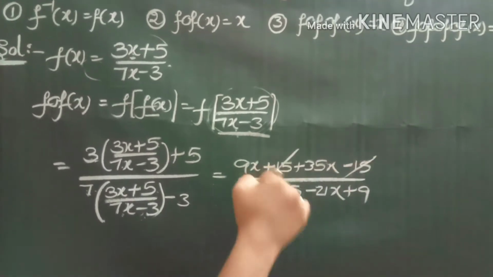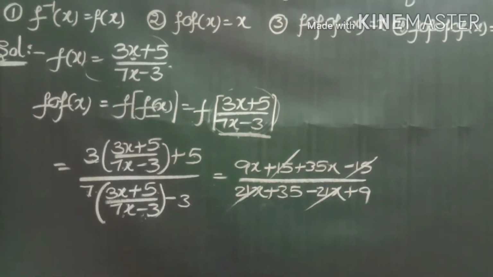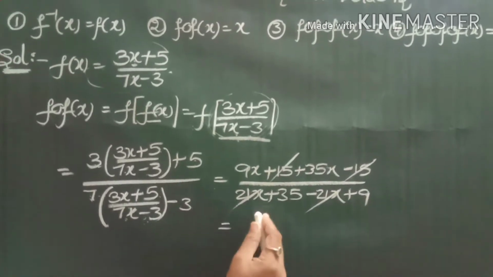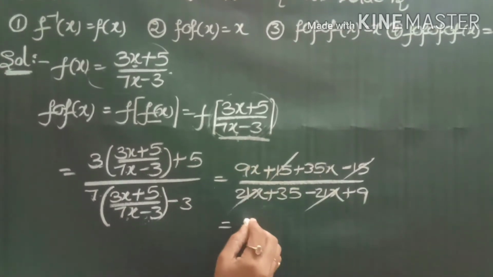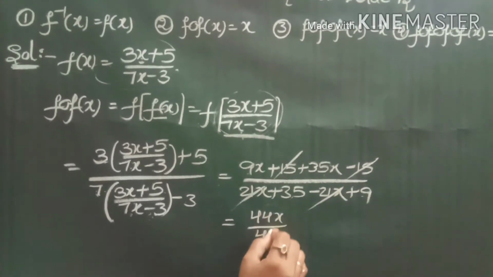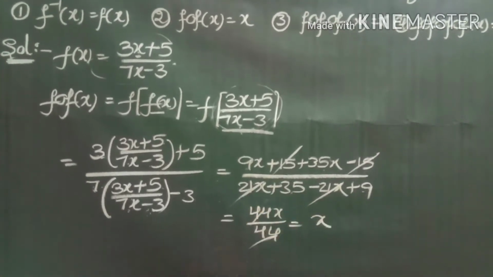Now here plus 15, minus 15 gets cancelled, and plus 21x, minus 21x gets cancelled. Now writing the remaining values, which is 9x plus 35x, which is 44x, by 35 plus 9, that is 44. So it returns the answer x.